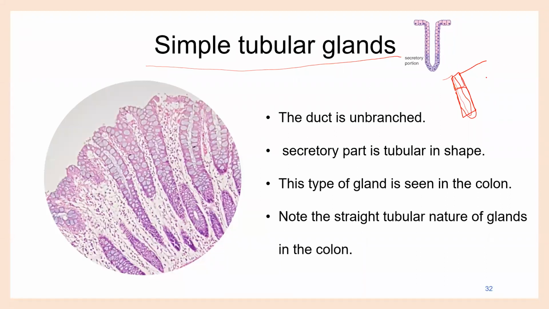The whole of the colon epithelium is lined by these simple tubular glands. This is an H&E section, 10 to the power 40, of the colon. These are also called straight tubular glands. If you say straight tubular glands or simple tubular glands, it basically means the same thing.